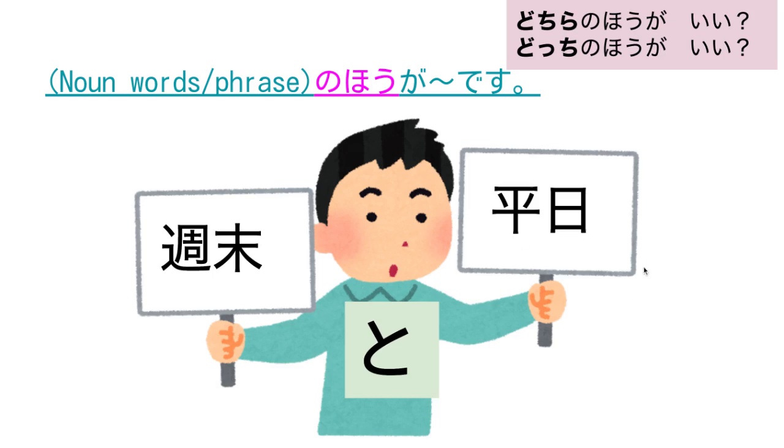The order doesn't matter. どちらの方がいいですか or どちらの方が好きですか or どっちの方がいいですか, どっちの方が好きですか. So どっち is a casual form of どちら, which one, which choice. So when you're using どっち or どちら you only have two choices. So if you have three or more choices, you cannot use どちら.